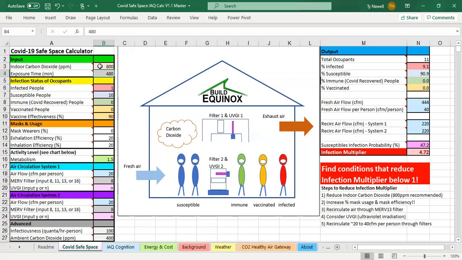And so if I have a monitor that tells me I've put in enough fresh air for the number of people in that space that it'll be held at 800 parts per million, that change of increased fresh air, which dilutes contagion, is going to double from 20 cubic feet per minute per person to 40 cubic feet per minute per person, the fresh air flow rate.